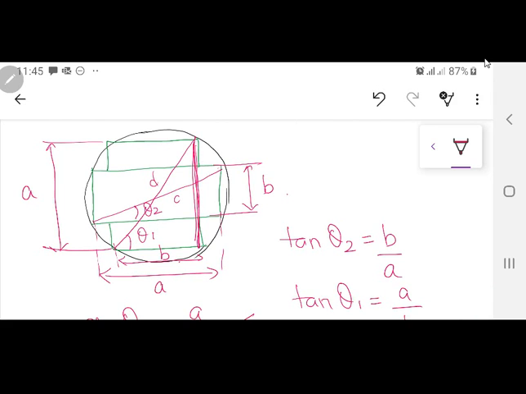This one is B, theta 2, this one is A, this one is B. हाँ जी, give me the correct answer. हाँ जी, क्या गलती की है हमने? हाँ जी ये गलती है, मुझे पता चल गई है.